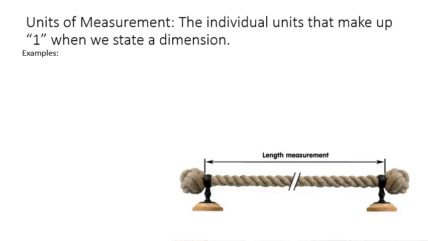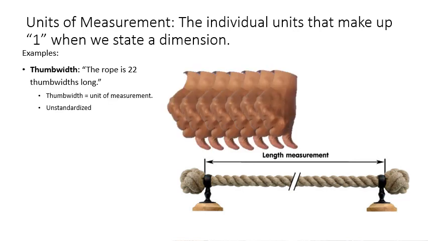So we talk about units of measurement when we are working with measuring anything, and all it refers to is the individual units that make up one when we state a dimension. So if you imagine that we want to measure this length of rope for some reason, we have a few different ways we could do it. So let's say you don't have anything with you to measure it with. Well, you could measure it with your thumb.